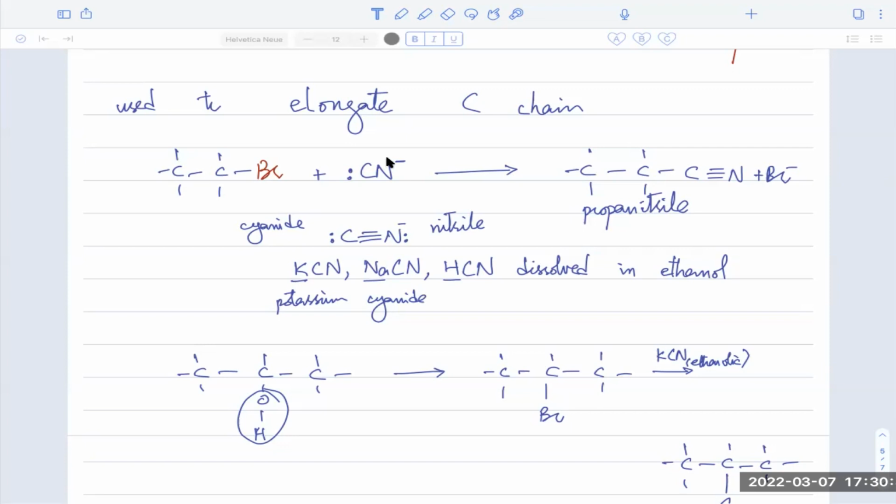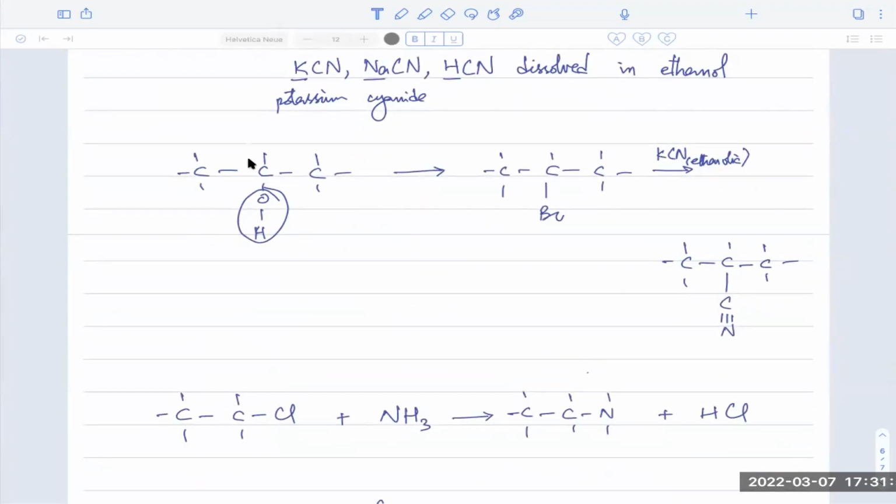Of course, how do you add a nitrile? One way is by first making a halogenoalkane where you want, and then you can add the cyanide group in there. For example, we started with OH and wanted to make a carbon branch here. First we replaced it with Br, and then we replaced that Br with the cyanide group.